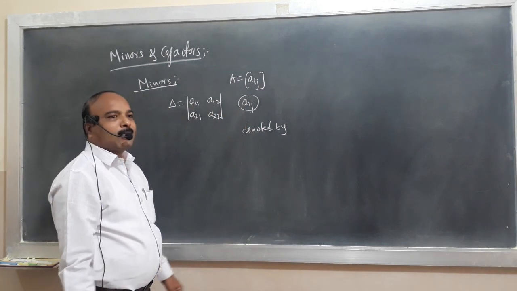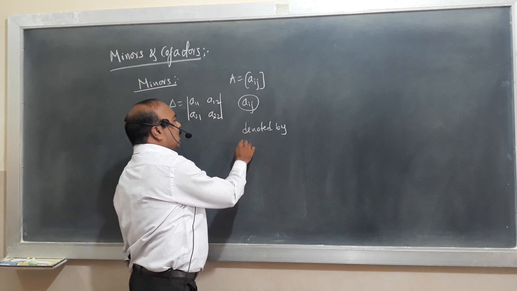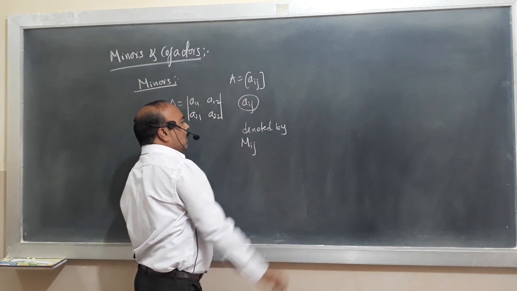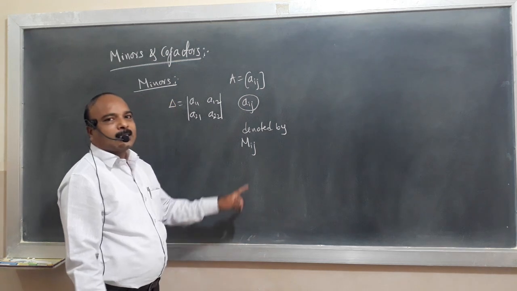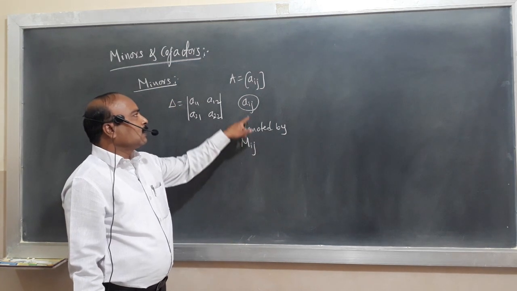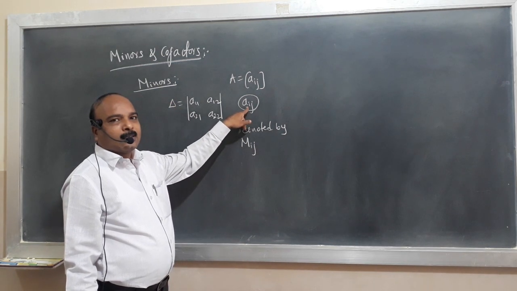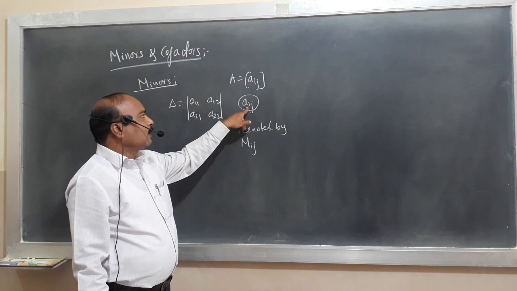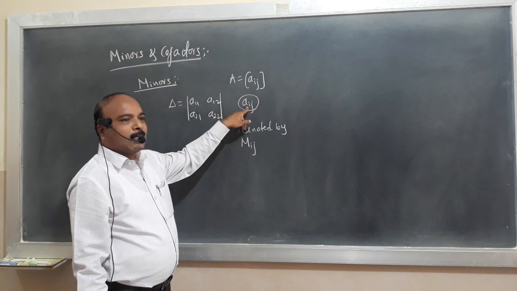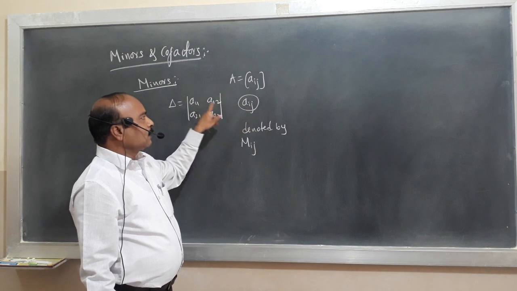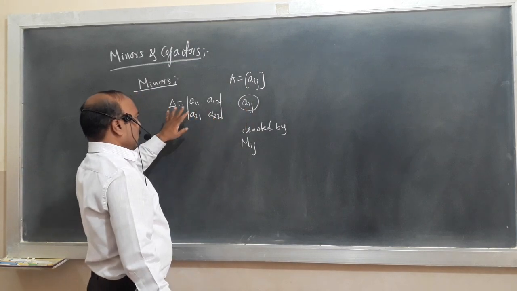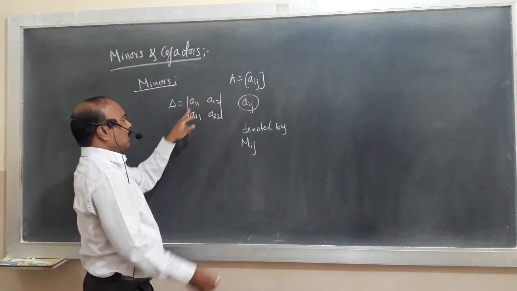In general, the minor of Aij is given by Mij, where i stands for the row and j stands for the column in which Aij lies. Minor is the determinant obtained by deleting the row and column in which the element is present.